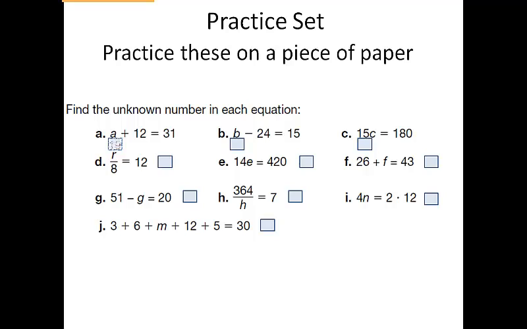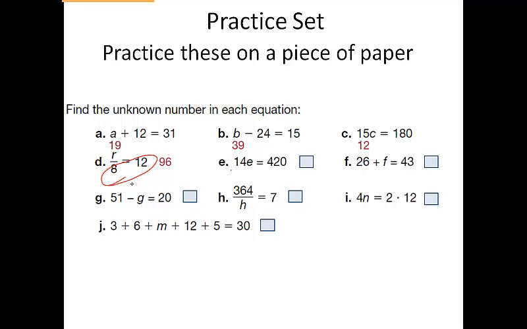A, the answer is 19. We take the 31, subtract 12, we get 19. In B, it's 39. C, divide 15 by 15 and 180 by 15, and we come up with the answer of 12. In example D, we can multiply those two together to know what R is, which is 96.